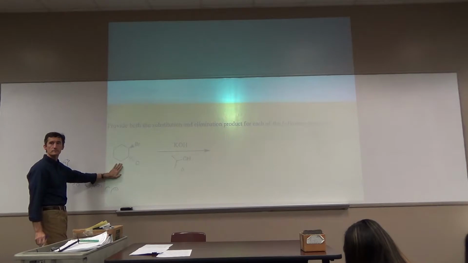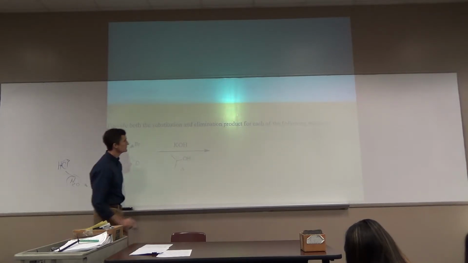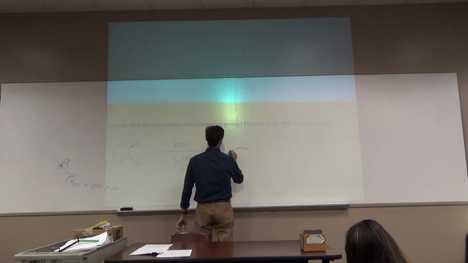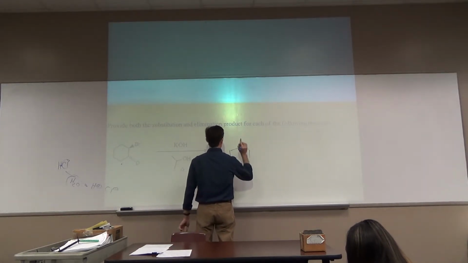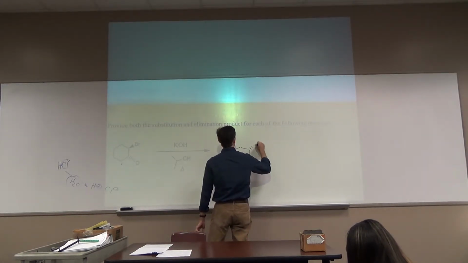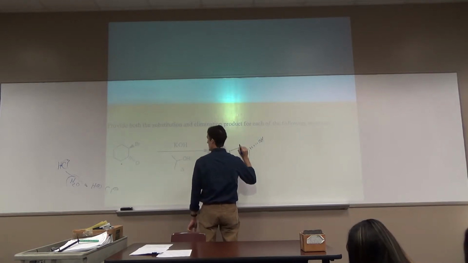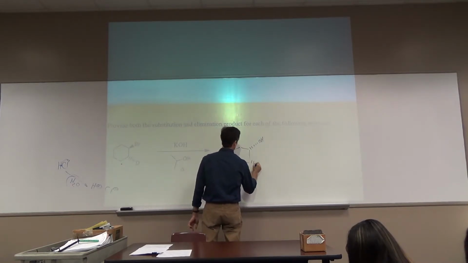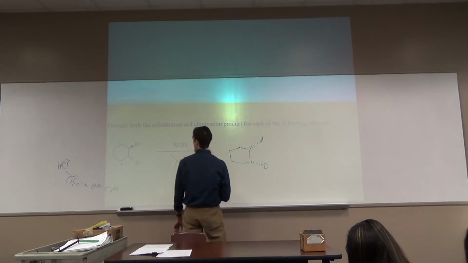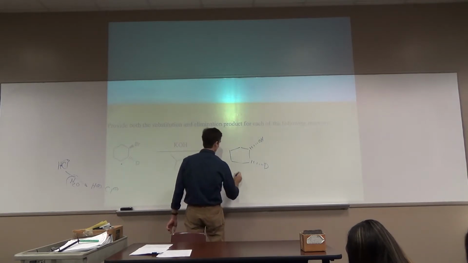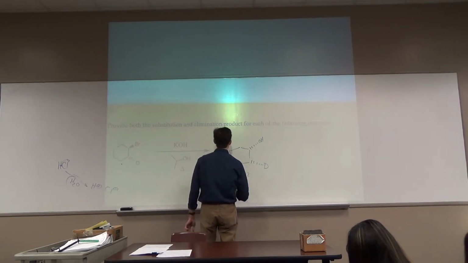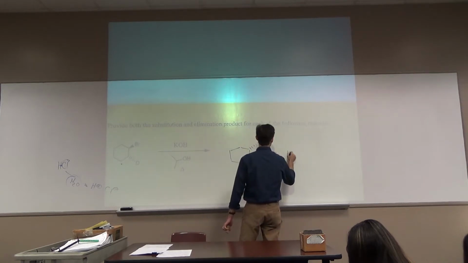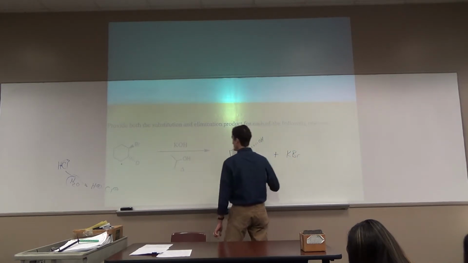The Br was replaced with an OH, and it's now plus KBr. That's an SN2 product. Yes, you said plus KBr. That's also generated. That's your ions.